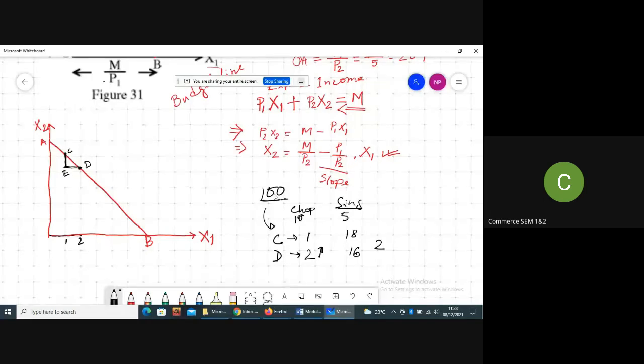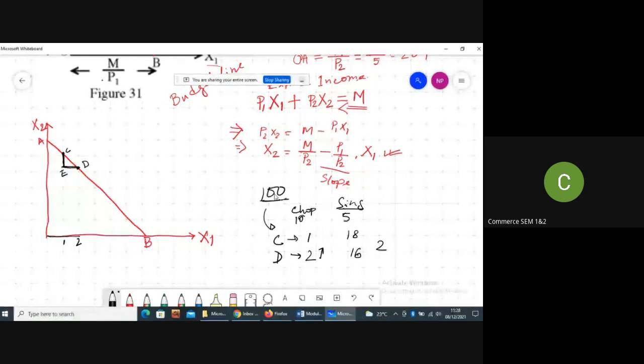Is this fine? Yeah, sir. So what is happening here? When you are increasing consumption of X1 or chop by 1 unit, you need this P1, which is the price of commodity 1, which is 10 here.